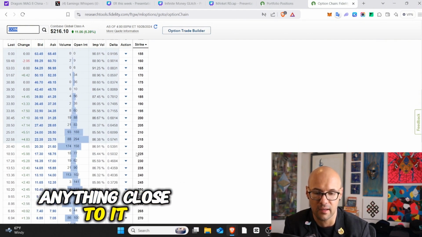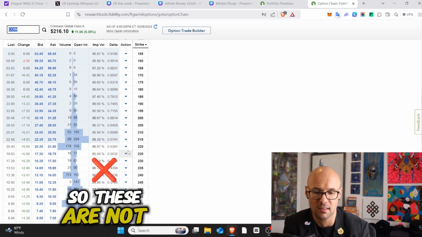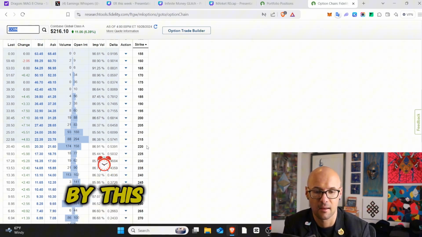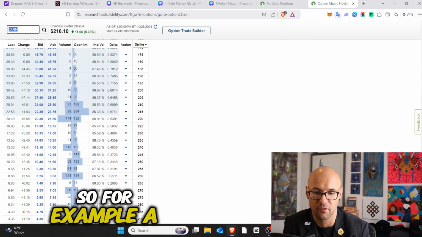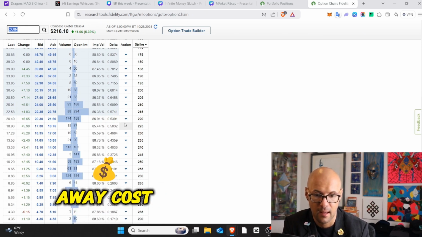Anything close to it, 220 to 225, is called near the money. These are not unlikely to be exercised by this time, and they tend to be very expensive. For example, a 220, which is only $4 away, costs $20 per share.